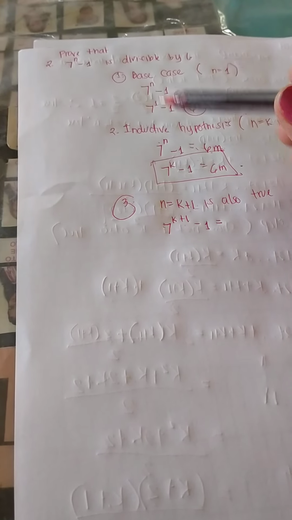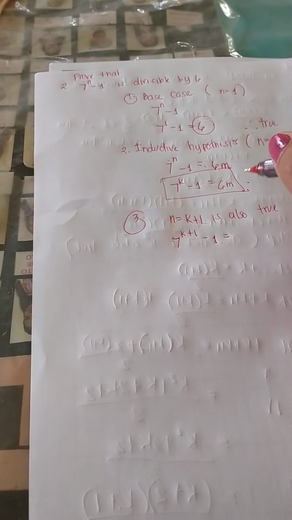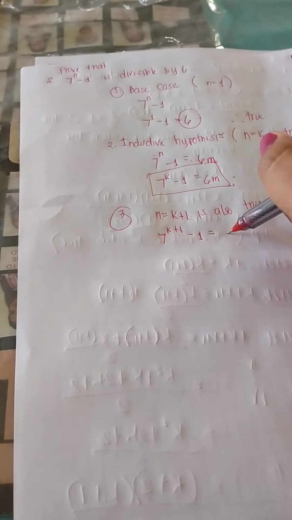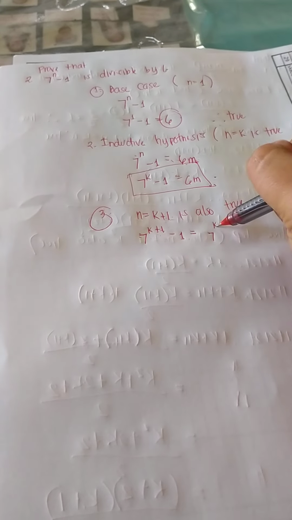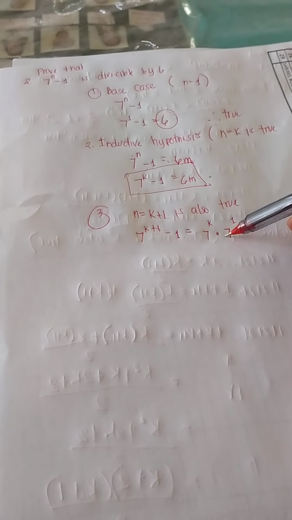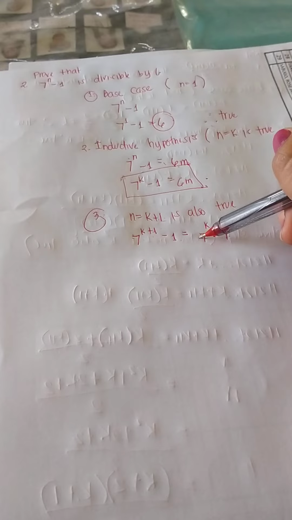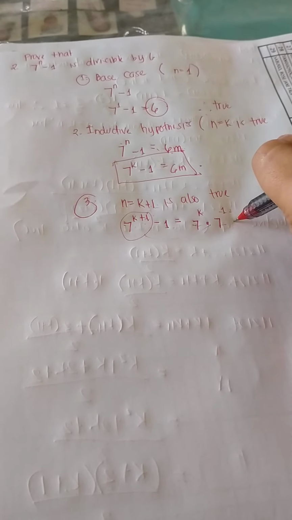So the given, 7 to the power of n minus 1, I replaced n with k plus 1, minus 1. Then we factor: 7 to the power of k times 7 to the power of 1, right? That is because when the bases are the same, we copy the base and add the exponents, k plus 1. The factor comes out. Then minus 1.